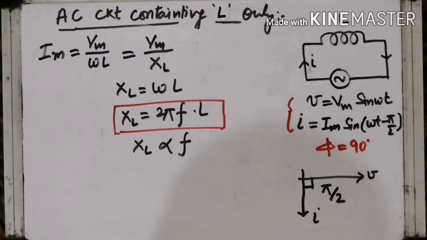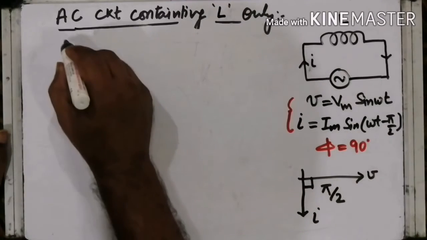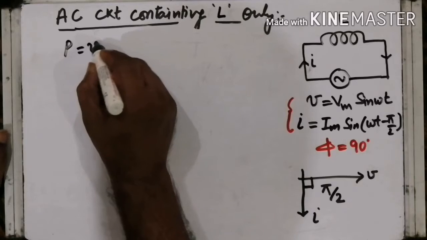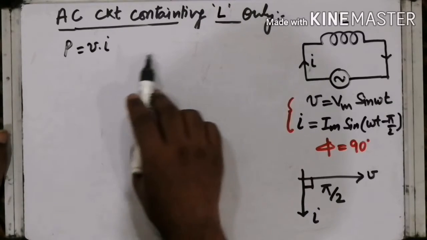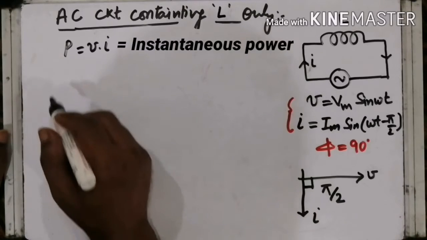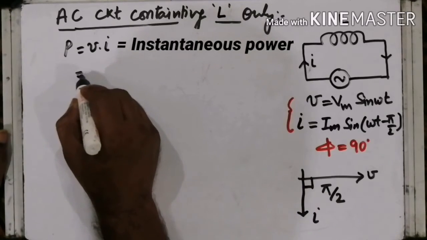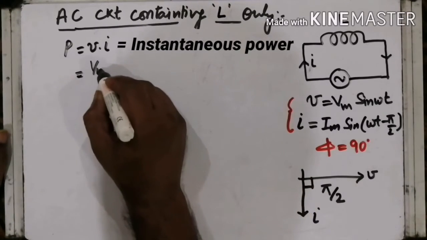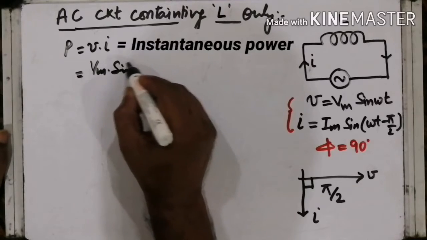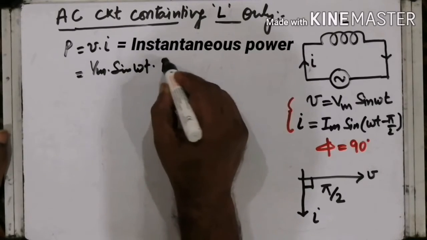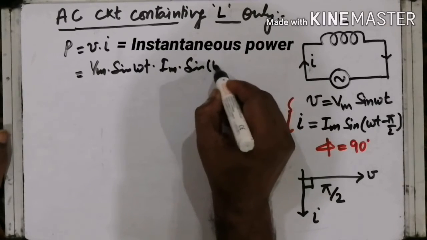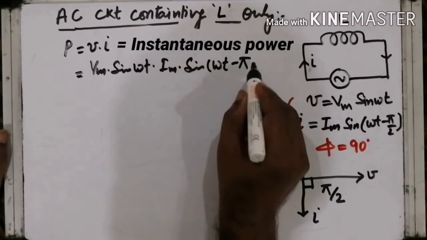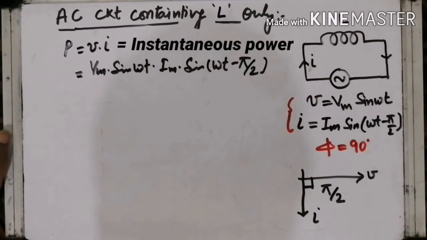Now see regarding the power in a purely inductive circuit. Power P equals V into I. This power P is the instantaneous power. Now put the values: Vm sine omega t into Im sine omega t minus pi by 2.